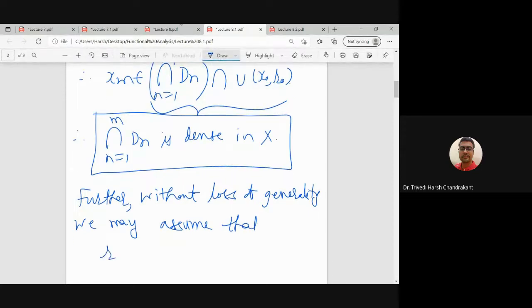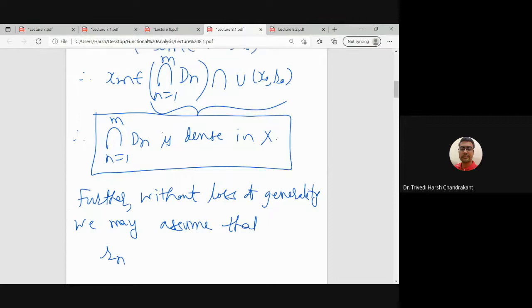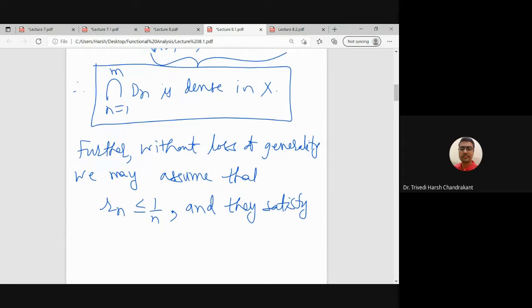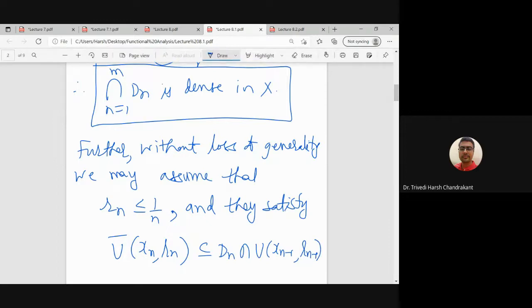We can assume that the radii which we are choosing one by one, r1, r2, r3, rn, are bounded by the sequence 1 upon n, and they satisfy this particular condition, that the closure of U(xn, rn) is a subset of Dn intersection U(xn-1, rn-1).